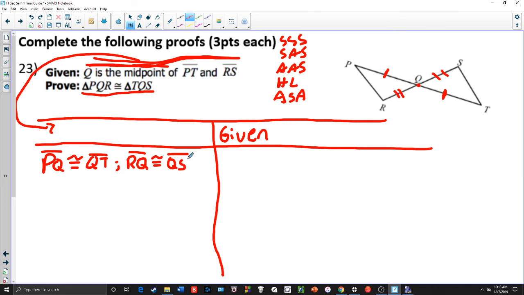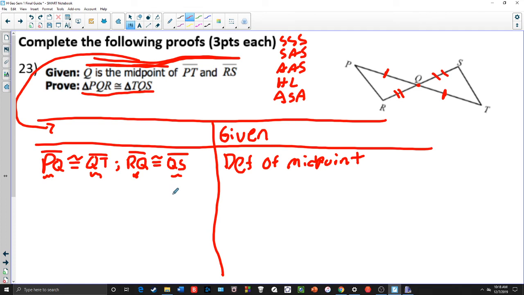So both of these are true by the definition of midpoint. So if you have definition of midpoint, that means you should have 2 segments, this one and this one, 2 segments congruent to each other. Same here, 2 segments congruent to each other.